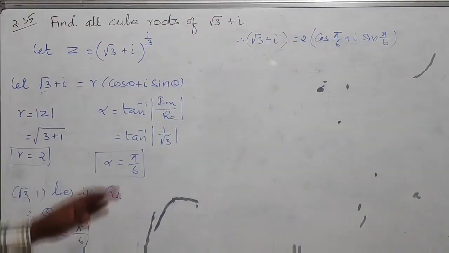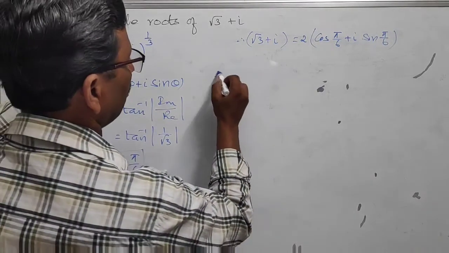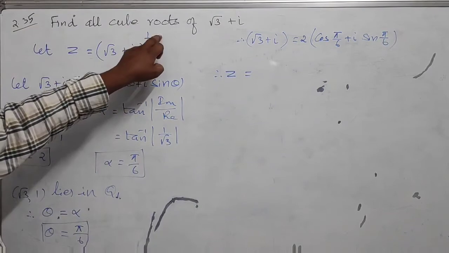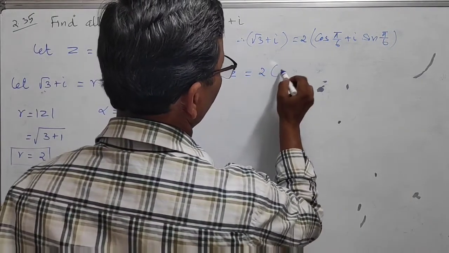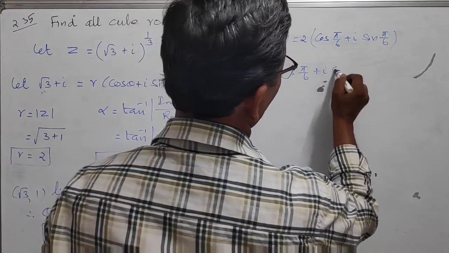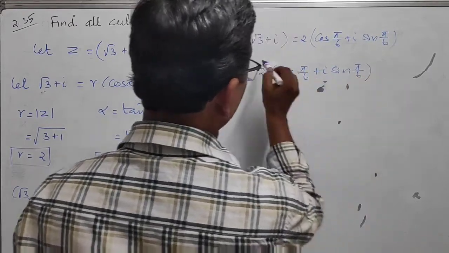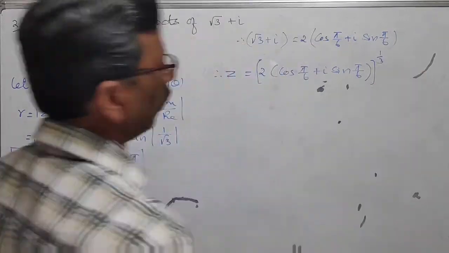Now we have converted the given complex number into polar form. Therefore, we can write z is equal to root 3 plus i whole power 1 by 3. Root 3 plus i value is this one, 2 into cos pi by 6 plus i sin pi by 6 whole power 1 by 3.